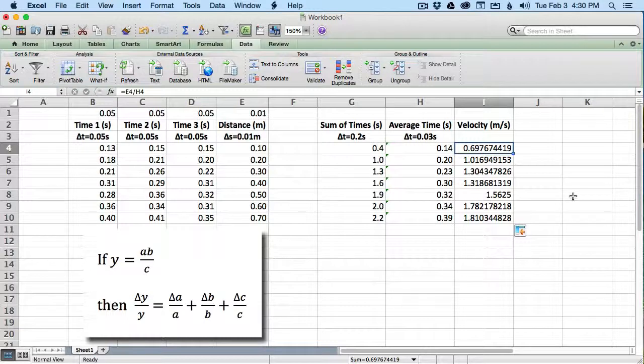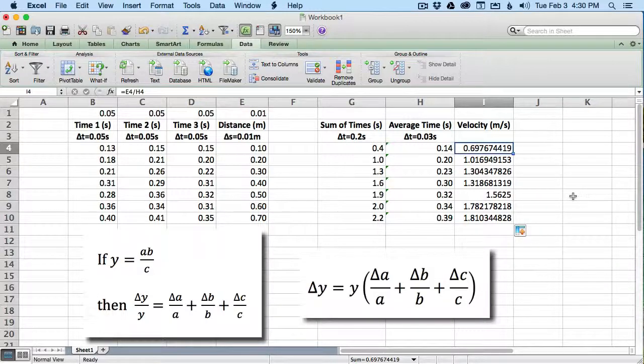In this case, we're dividing. So we're going to have to rearrange the equation. Our goal was to find the uncertainty of our velocity. It's our y value in this case. So the uncertainty of y is equal to the velocity multiplied by the uncertainty of the distance divided by distance, plus the uncertainty of the time divided by time.